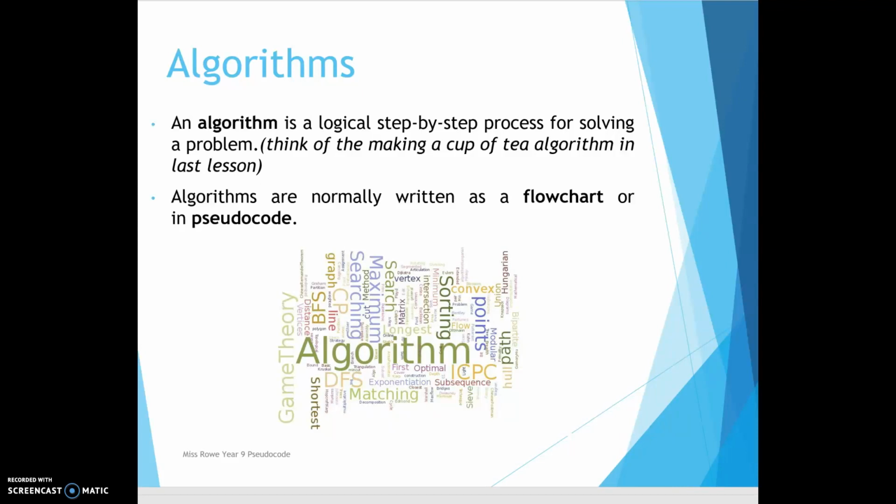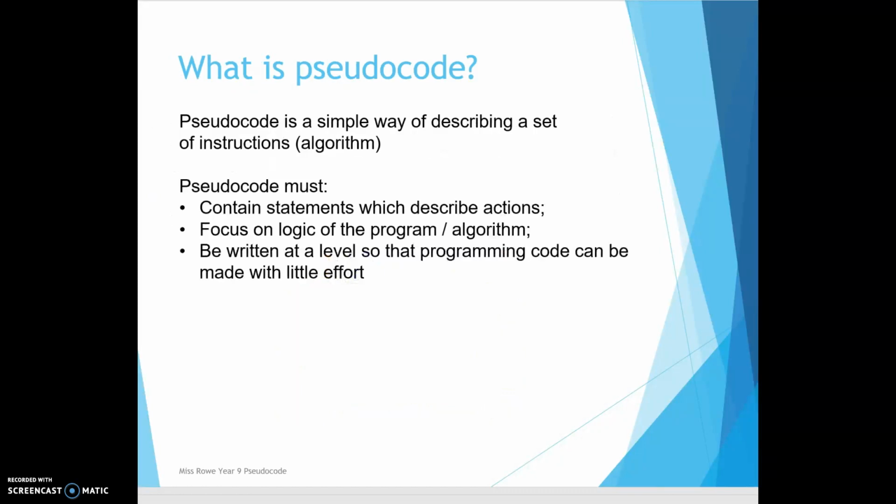Algorithms are normally written as a flowchart or pseudocode. Obviously we've done flowcharts, so this is the other, pseudocode. What is pseudocode? Pseudocode is a simple way of describing a set of instructions. Pseudocode must contain statements which describe actions, focus on the logic of the program or algorithm, and be written at a level so that programming code can be made with little effort.